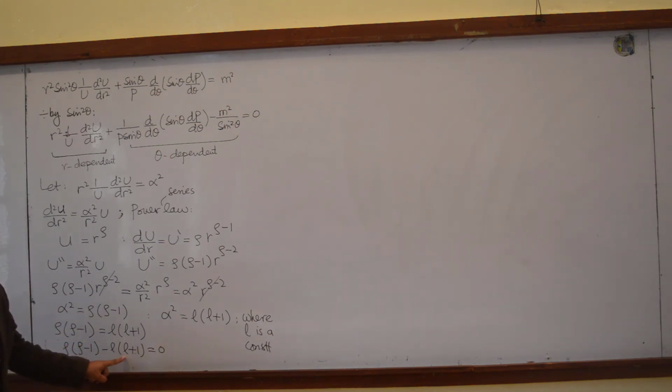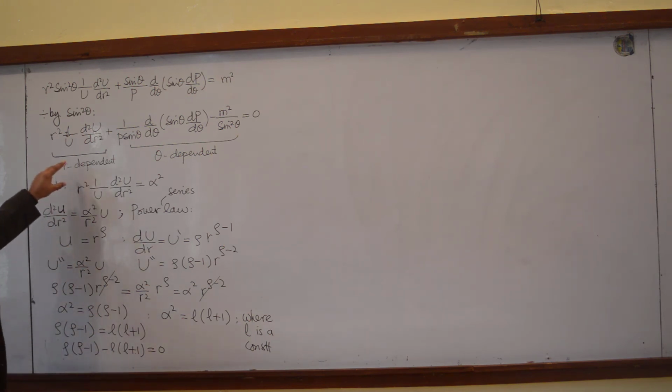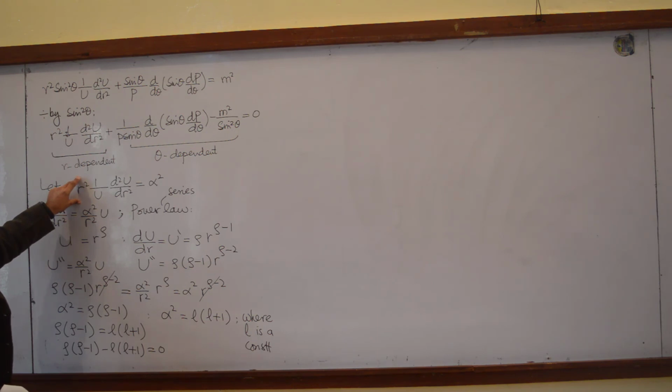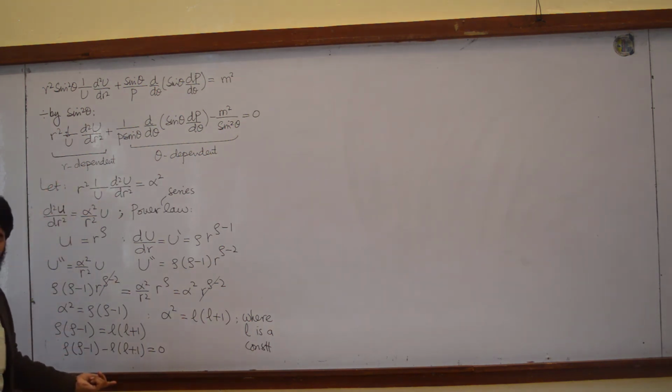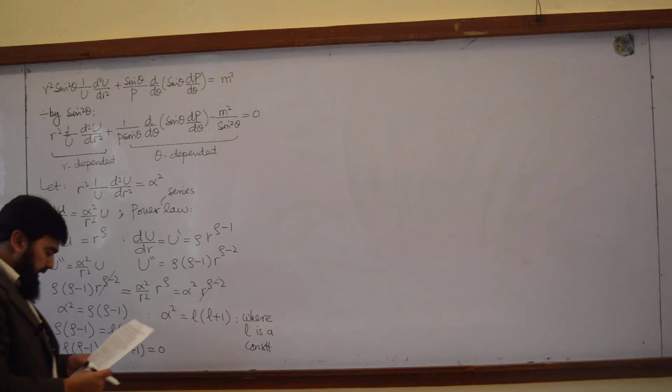So I hope till this point you have no objection, because we are actually not solving the equation, but changing it from one form into another form, and this will help us in solving this equation.